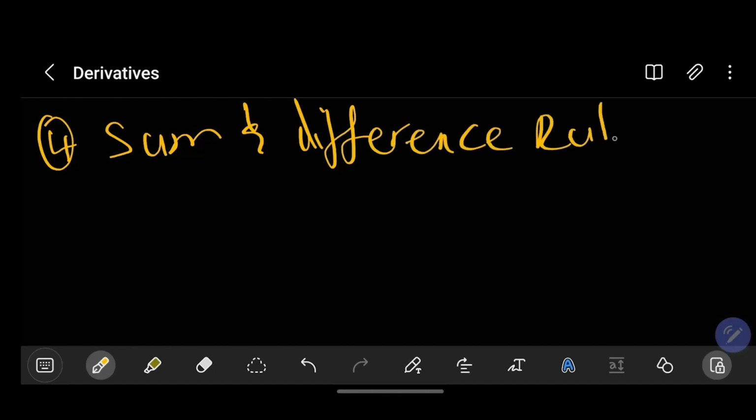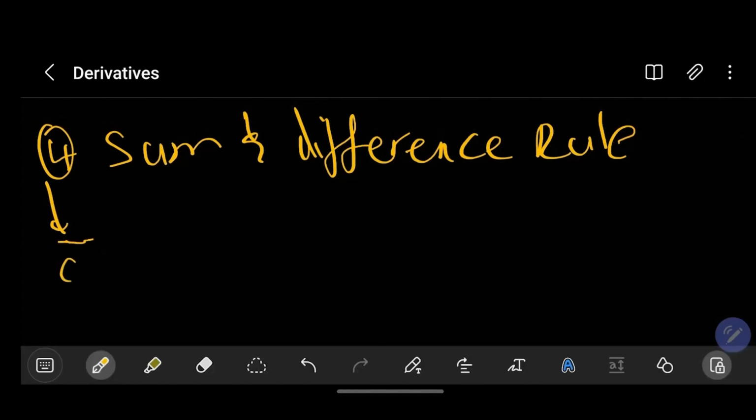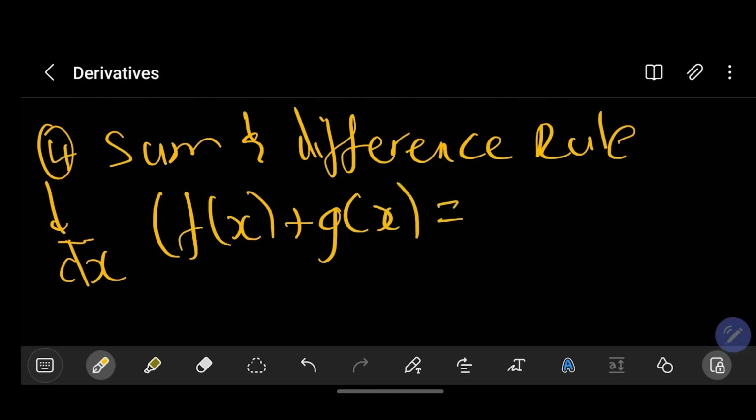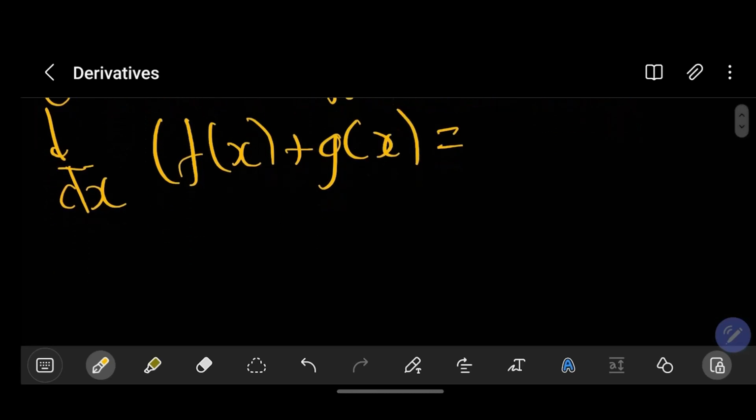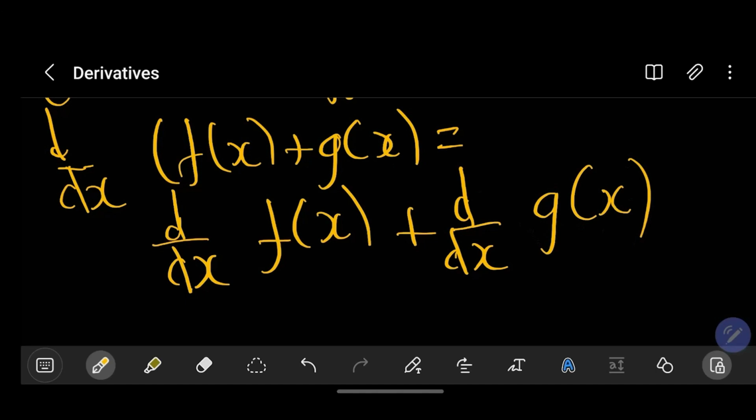This rule basically says if you have d/dx of f(x) plus g(x), that's equal to, I'm just going to write it down here for more space, d/dx of f(x) plus d/dx of g(x). So we split the two and we can find the derivatives of each. So that's the sum and difference rule.